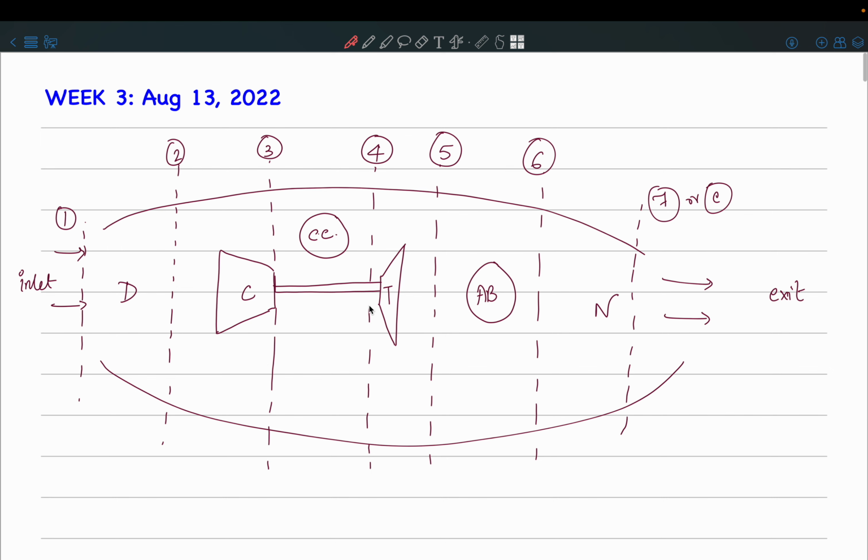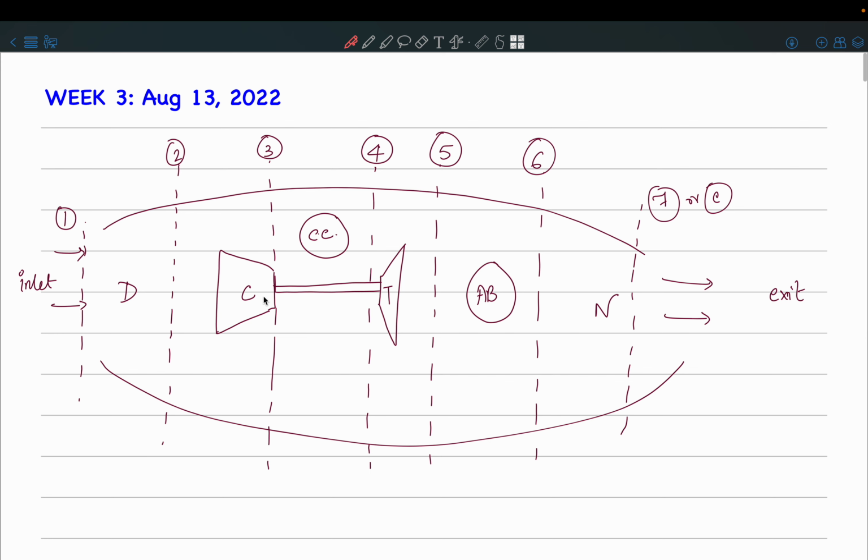This is a diagram for the turbojet engine, and we've been through this before, so I've just numbered the different stations. You have an inlet over here at station 1, and then between station 1 and 2 you have the diffuser, so you can see the area is increasing, and then between 2 and 3 you have the compressor.